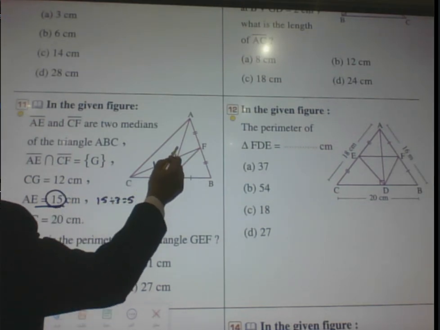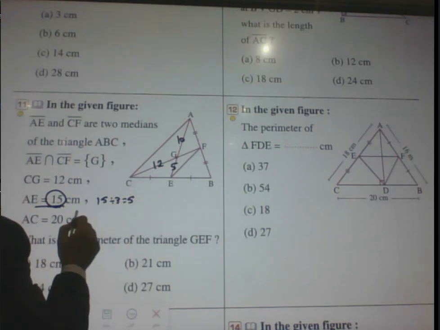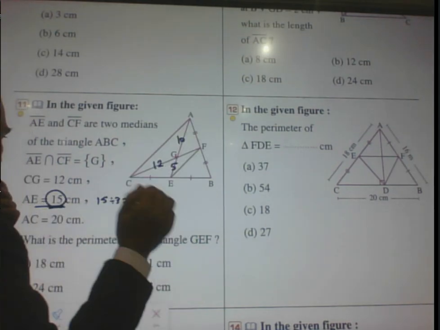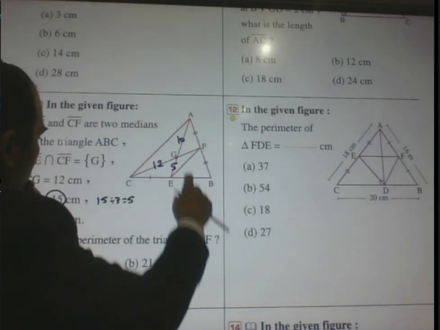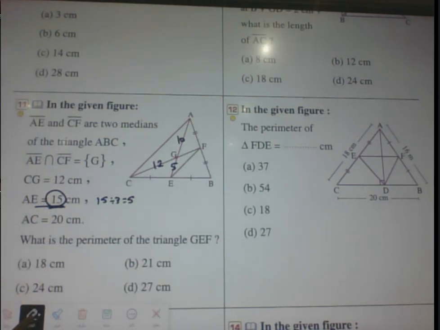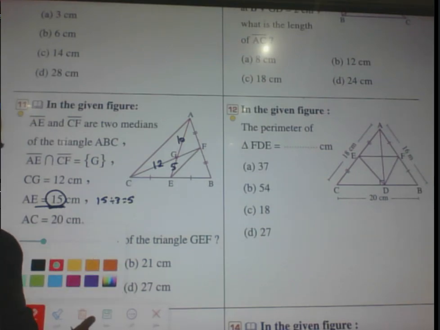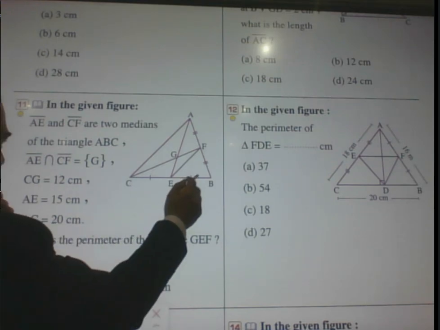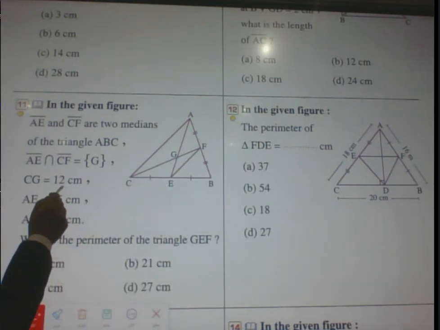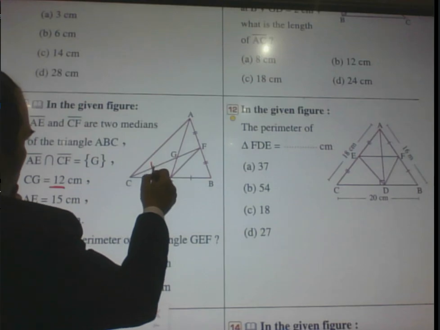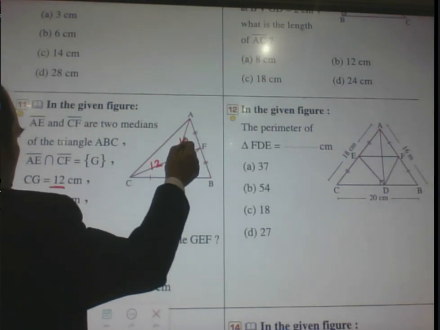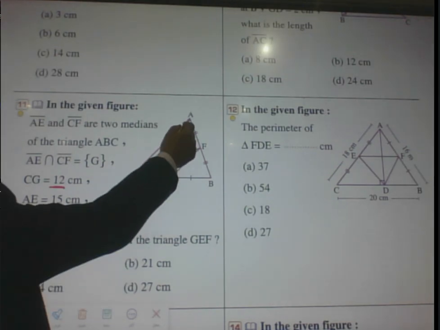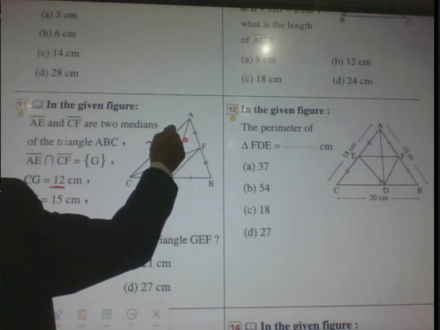Then starting from the bottom, 5 and up 10. 10 plus 5 is 15. The median 15 divided by 3 is 5, and 5 means from base and vertex, 5 plus 5, 10. And also AC was 20, from A to C, 20 centimeter.